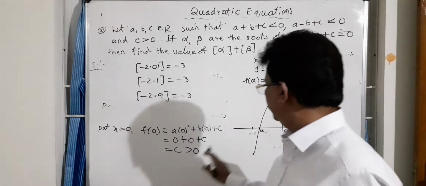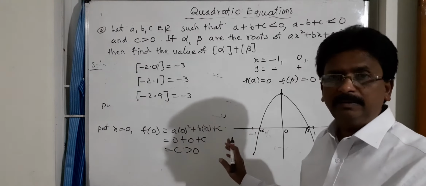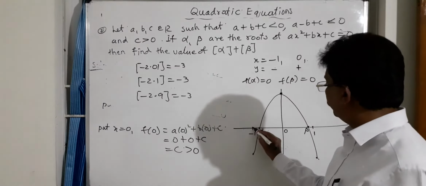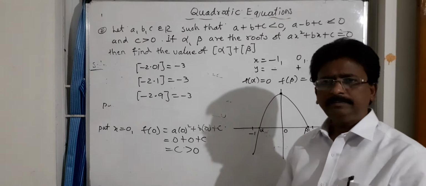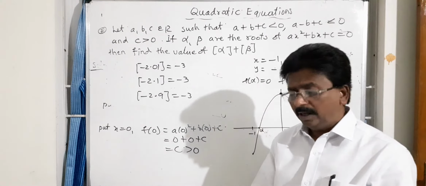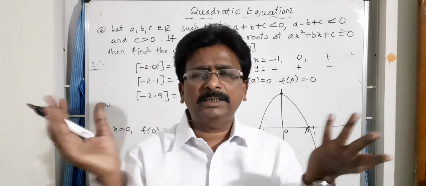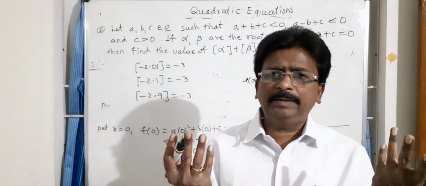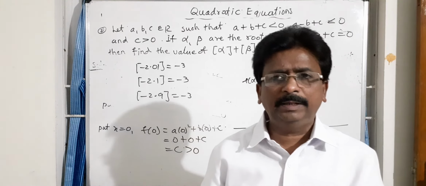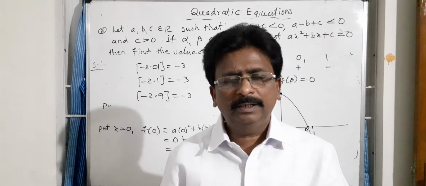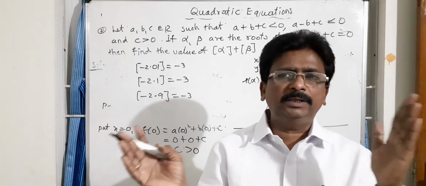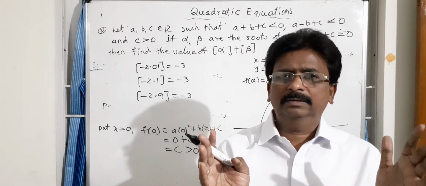So here the alpha value, x value lies between -1 and 0. So alpha value may be minus 0 point something, maybe minus 0.1 or maybe minus 0.99 also, but lies between 0 and -1.